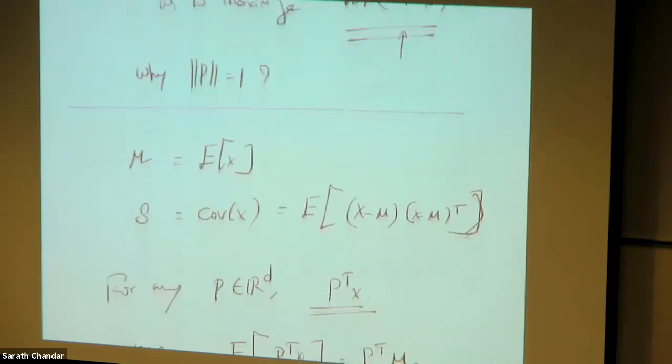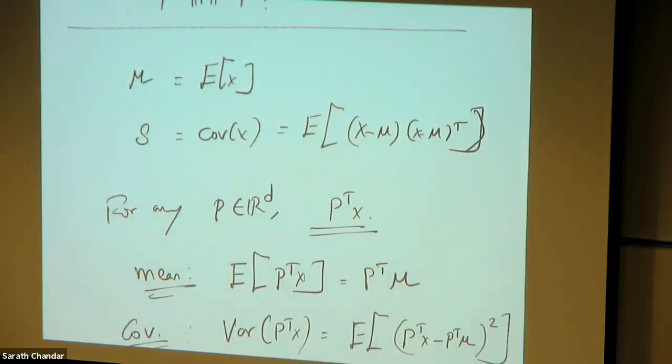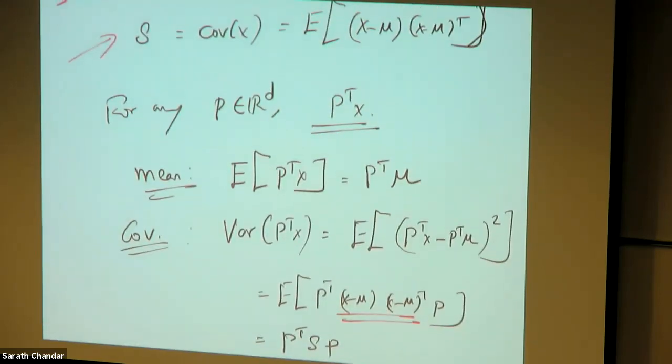I took the original data set and assumed that mu is the mean and S is the covariance of the original data set. Then we ask: if I do some projection P, I get this new data set P transpose X. What would be the mean and variance of this new data set? The mean of this new data set is P transpose mu, and the variance is just P transpose S P.